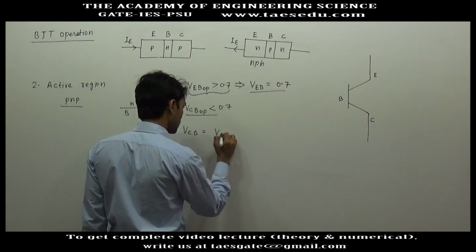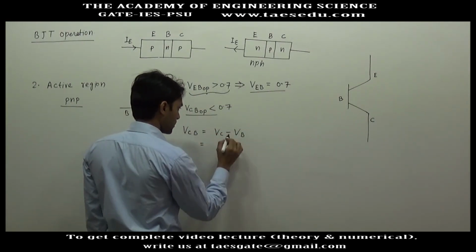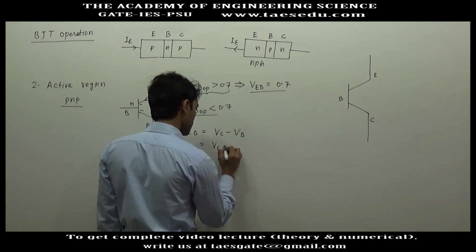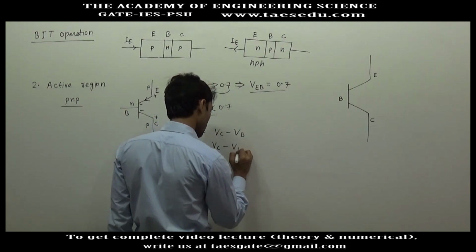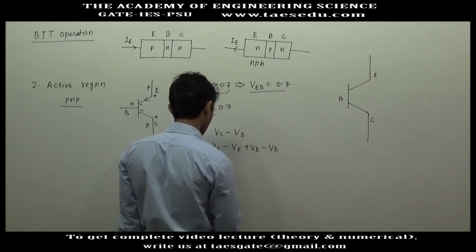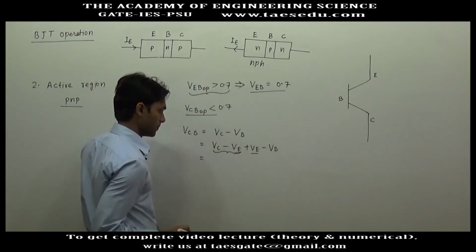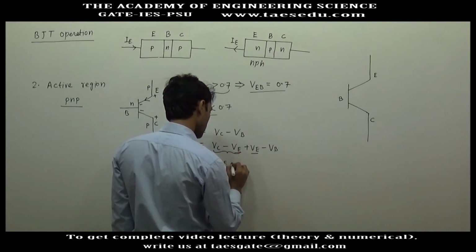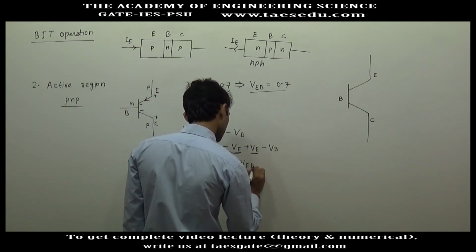We have VCB. VCB is nothing but VC minus VB. Okay, this can be written as VC minus VE plus VE minus VB. So I have added VE and subtracted VE. VC minus VE will be VCE, plus VE minus VB will be VEB.